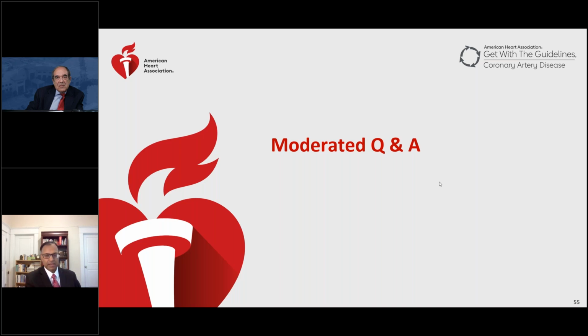It should certainly be followed up with another value at the 1 or 2 hour mark, depending on what your center's algorithm is. And then, based on the delta troponin, the change between the 1 hour and the subsequent value at 2 or 3 hours, you can make a decision on whether that changes the patient's risk from intermediate risk to high risk, or keeps them in the intermediate risk category where you could get a stress test.